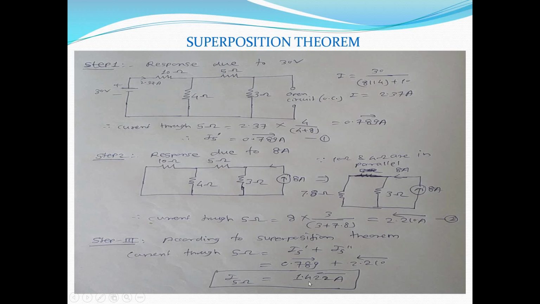So the algebraic sum will be the difference of these, 1.422 ampere, and the final direction of current is the direction of the predominant current, that is 2.210. So we can say that when both the sources are present, as per the superposition theorem, a current of 1.422 ampere will flow through the 5 ohm resistance from right to left.